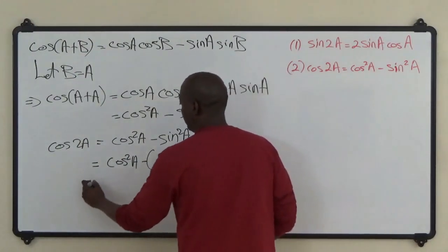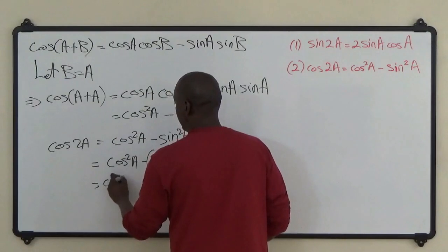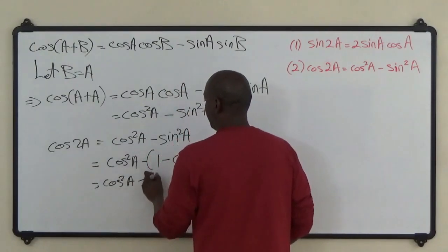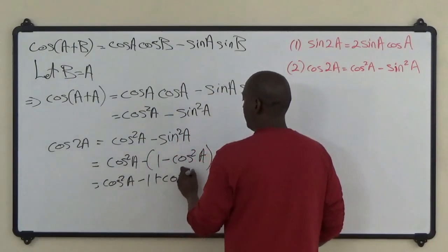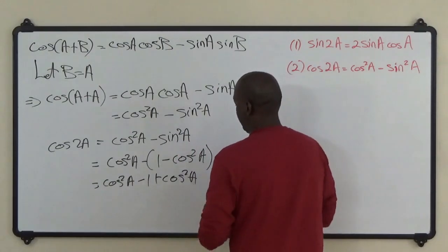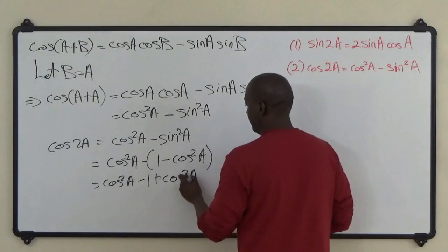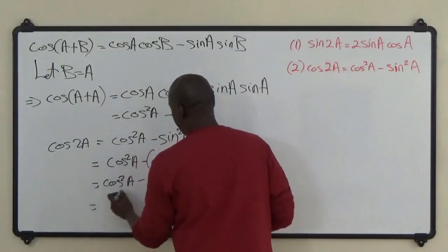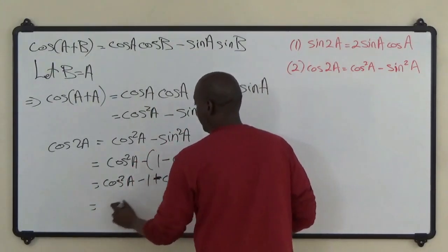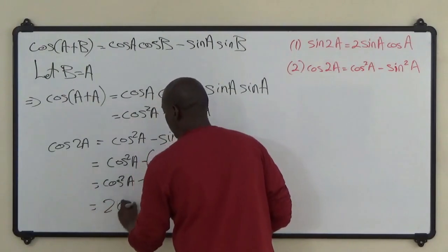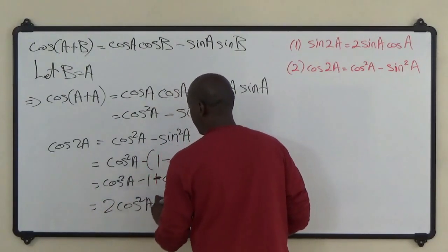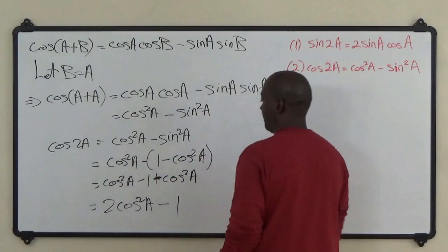We multiply out, you'll get cos squared a minus 1 plus cos squared a, which will give us cos squared a plus cos squared a, which will give us 2 cos squared a minus 1.